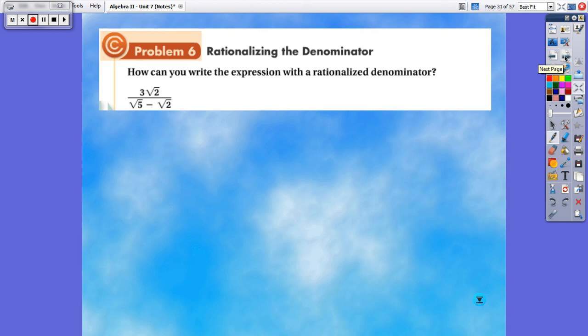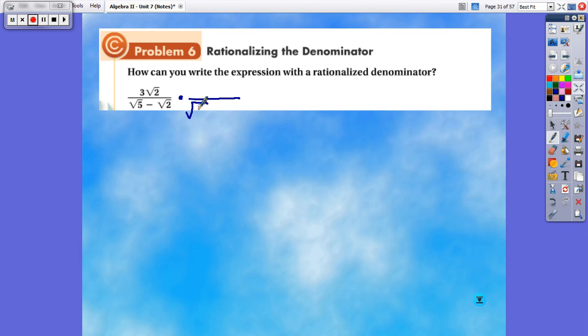So why do we need to know how to rationalize? Well, we need to know how to rationalize because we're not allowed to have a radical in the denominator. So in order to rationalize this expression, you're always going to multiply by the conjugate, which is why you need to know that vocabulary word. So if I ask you to multiply by the conjugate, you know what I mean.